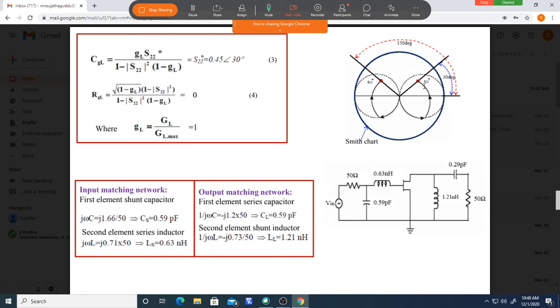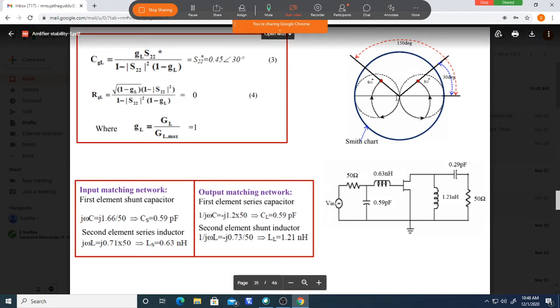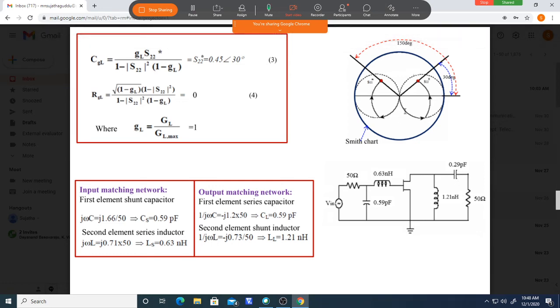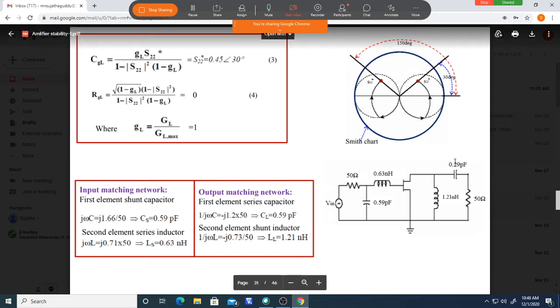You take that conductance circle, and it intersects the R equal to 1 circle somewhere here. You stop there. So start from here, this is 50 ohm, and move on the constant resistance circle, the R equal to 1 circle, in the anti-clockwise direction. Moving on the resistance circle in the anti-clockwise direction adds a capacitor in series.